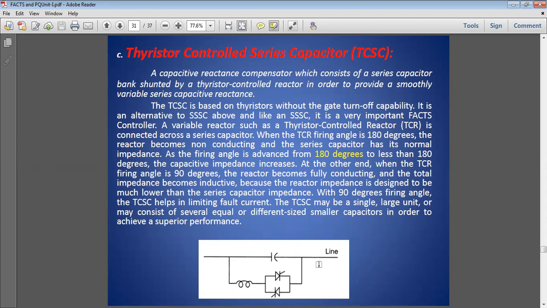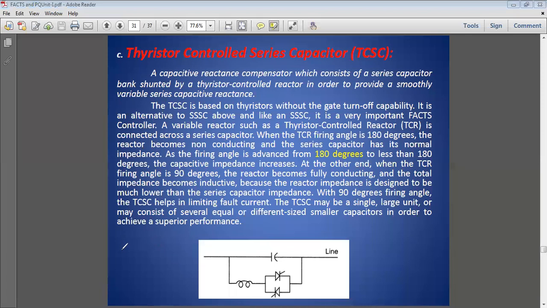So see in this diagram, this is the line into which we are going to introduce a FACTS device. This is the capacitor, or capacitive reactance, which is included in series with the transmission line. What is the purpose of including it in the transmission line?